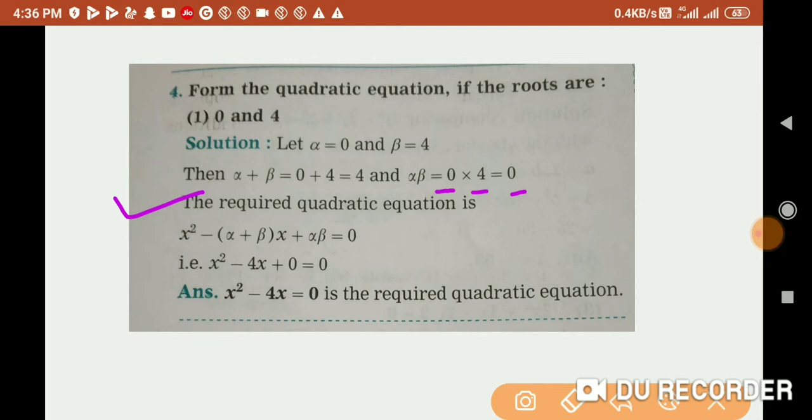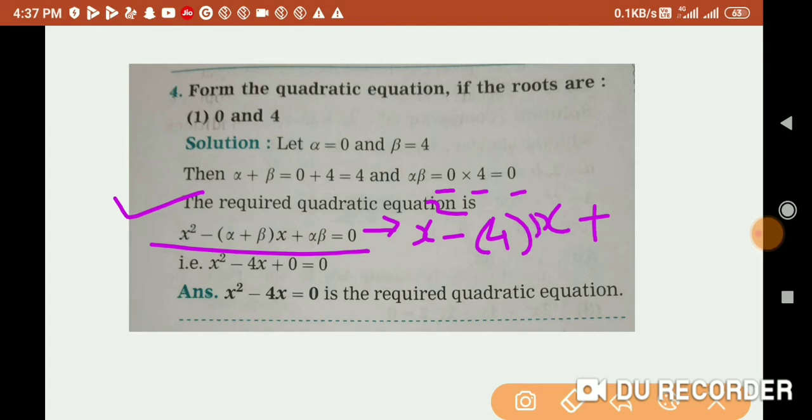Understand? Now write down the form of the quadratic equation, that means x² − (α + β)x + αβ = 0. Then substitute the values of α + β and αβ. Here we write x² − 4x + 0 = 0.